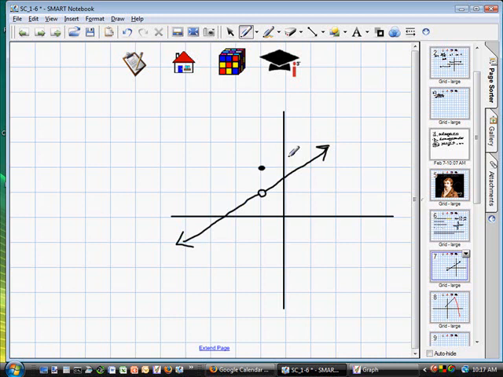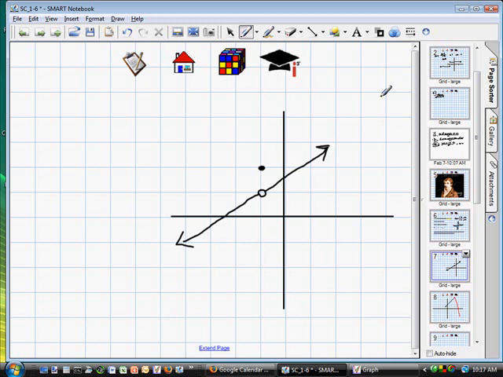Here's another piecewise function. Okay, it's obviously, I guess you could say, 3 pieces again. But it looks like a straight line, with the exception that we have a hole right here, and there's still a point at the value of x equals -1, but it's in a different place.